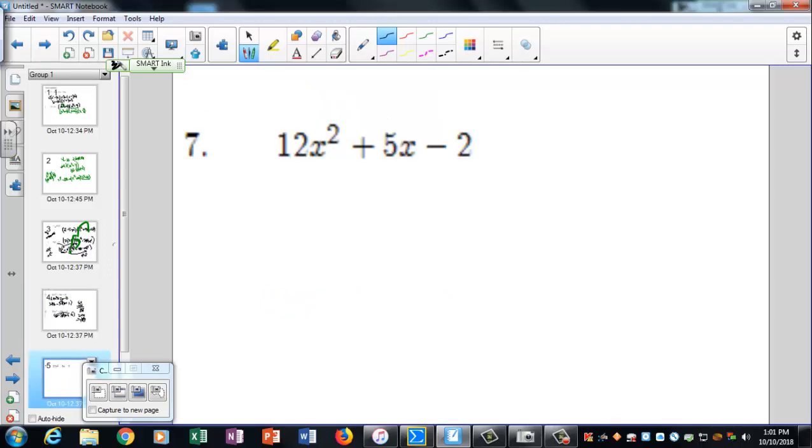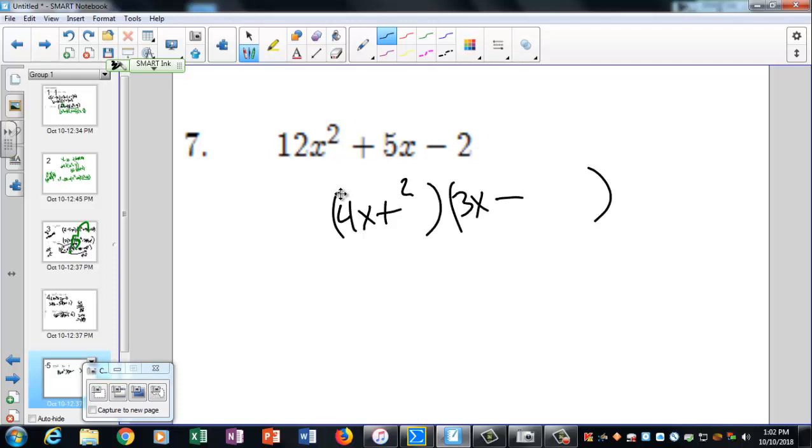Nothing common. Last sign's minus. What gives me 12x squared? 4x and 3x. What gives me 2? 1 and 2, right? Notice you cannot put the 2 here as that's a common factor, and that would be a problem.